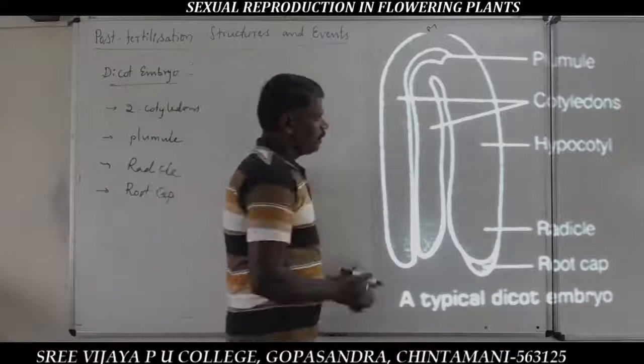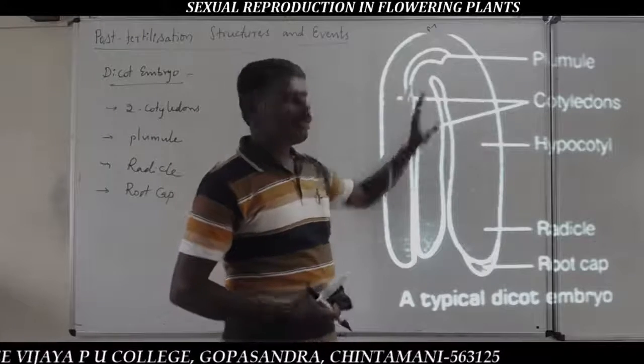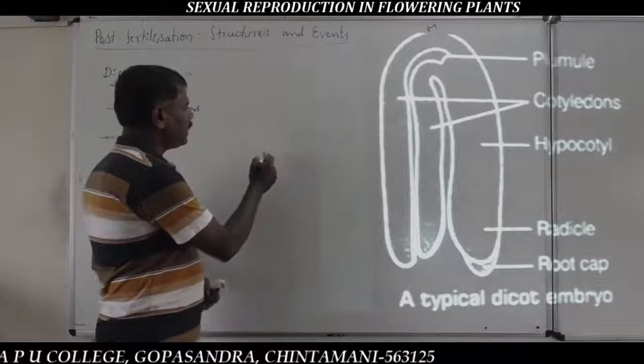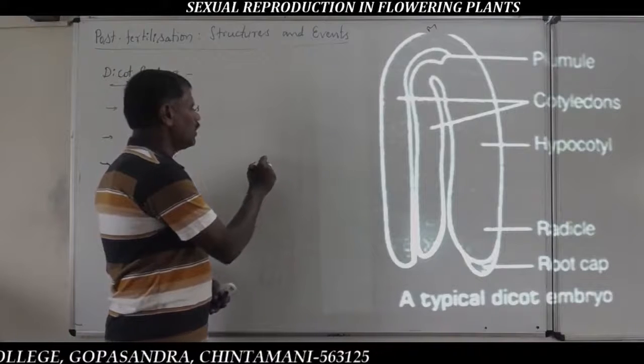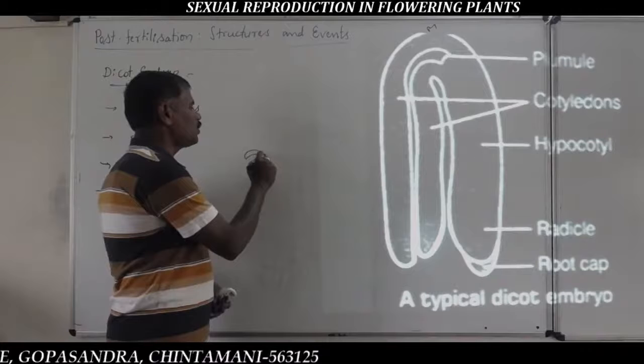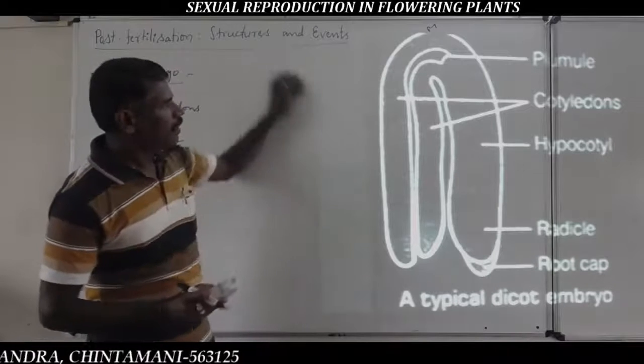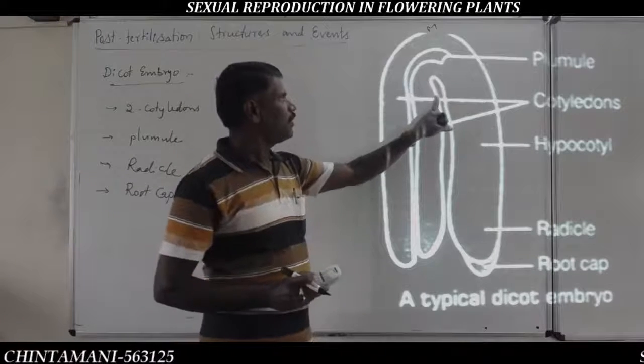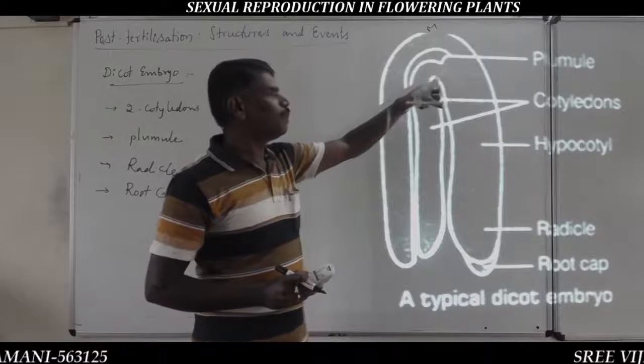See, this is the structure of a dicot embryo. In the entire dicot embryo, there are two cotyledons. Here, the cotyledons originate from the tip portion.